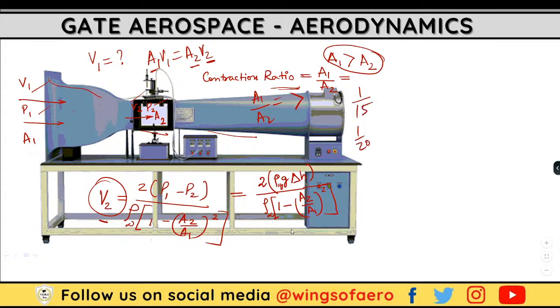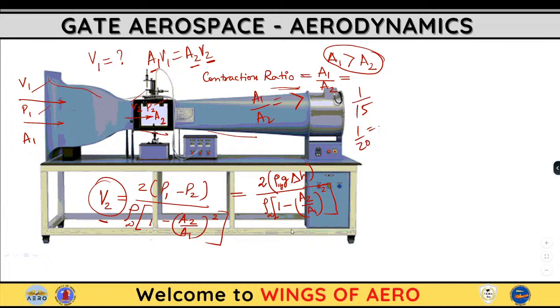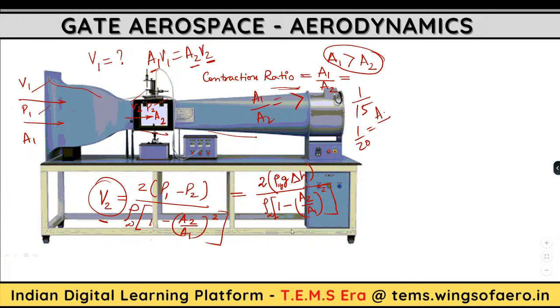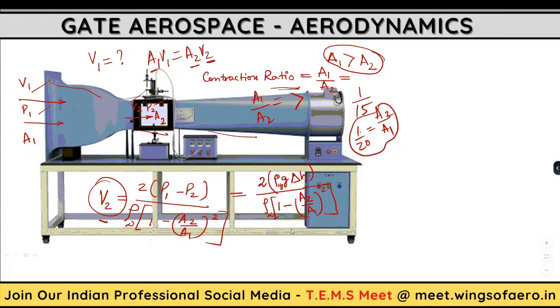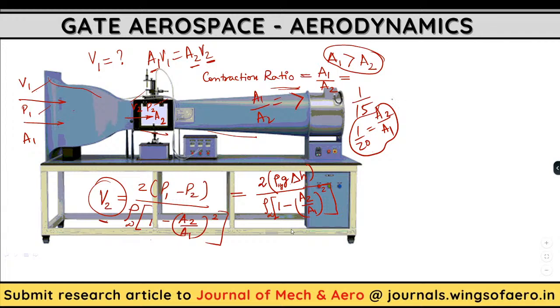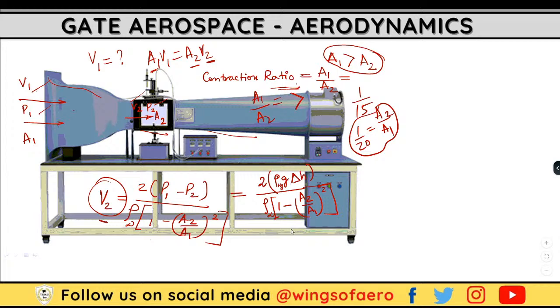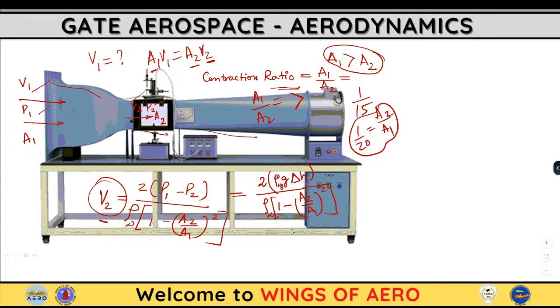You have to understand from there that if it is 1 by 20, then this is A2 and this is A1. By using the value you have to understand what they are trying to represent. But the main thing is that when they use the word contraction, it is the ratio of the intake area, or the area of the settling chamber, to the area of the test section.